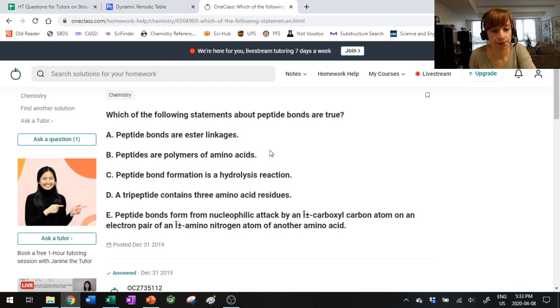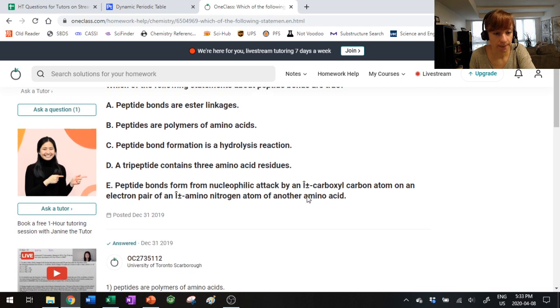B, peptides are polymers of amino acids. C, peptide bond formation is a hydrolysis reaction. D, a tripeptide contains 3 amino acid residues. E, peptide bonds form from nucleophilic attack by a carboxyl carbon atom on an electron pair of an amino nitrogen atom of another amino acid.